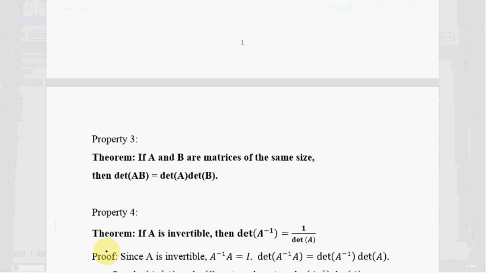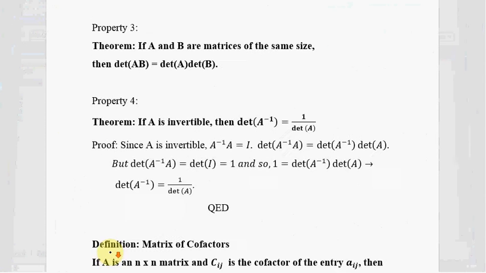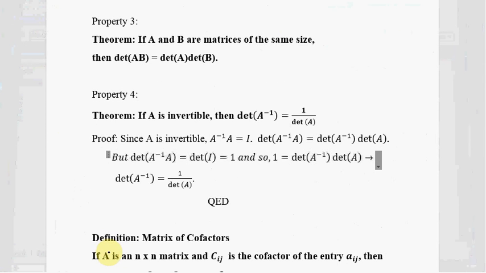Property 4 is very important. I put the proof here in the notes for you, and this theorem says that if A is invertible, then the determinant of A inverse is equal to 1 over the determinant of A.